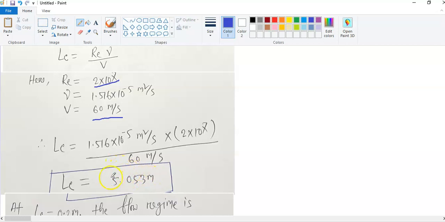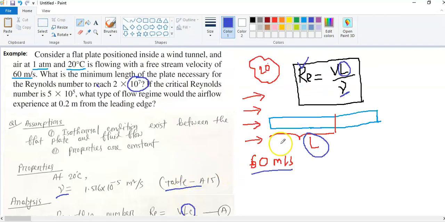So we need actually 5.053 meter to achieve this Reynolds number 2 times 10 to the power 7. So that's the required length. Okay, so this is the first one.